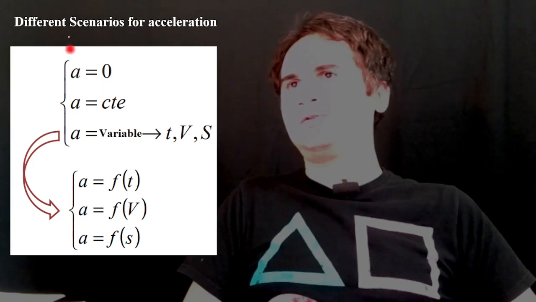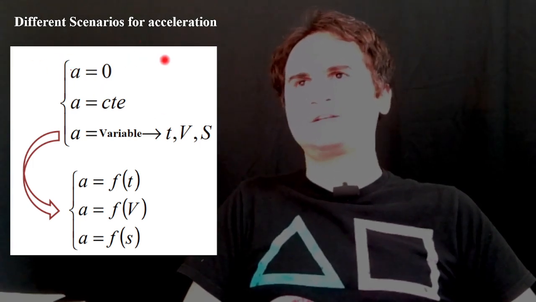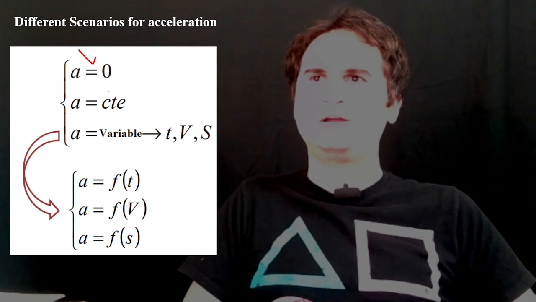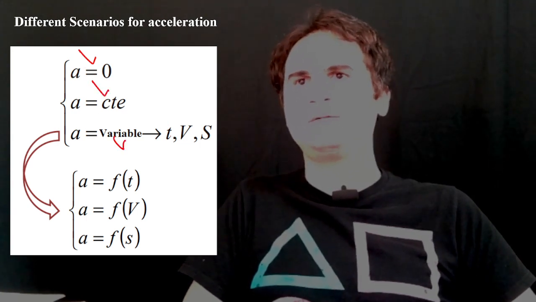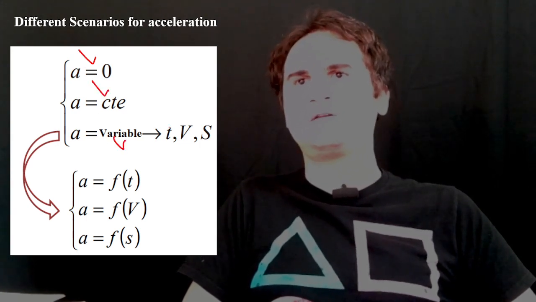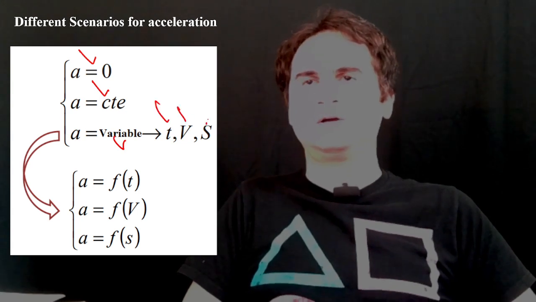Like normal motion, we also have different scenarios. A is equal to 0, a is constant, or a is a variable, a function of time, velocity, or displacement.